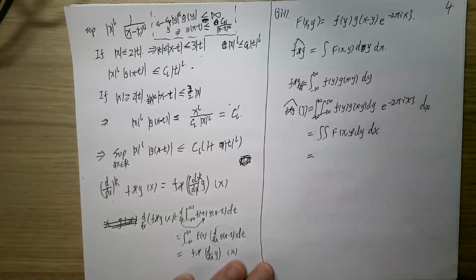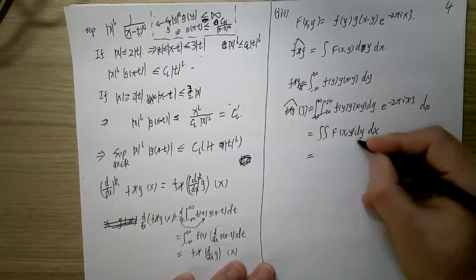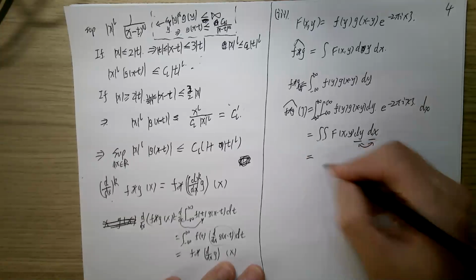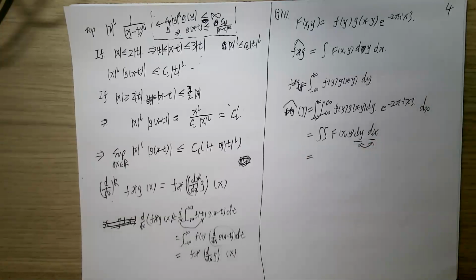So what we can do is change the order of the integration. If you're not quite familiar with this, again, it's in the appendix of our textbook. You can check there why you are able to switch this order of integration.